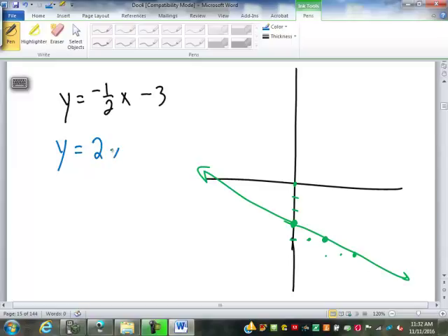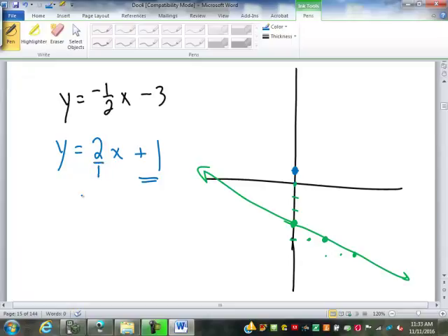So if I have y equals 2x plus 1, where am I going to start this graph? From the origin, I'm going to go up 1, because this is a positive 1 here. Now from there, it's the number multiplying the x that tells me the slope. However, it's just a 2 there. I have to turn it into a fraction by doing what? 2 over 1.